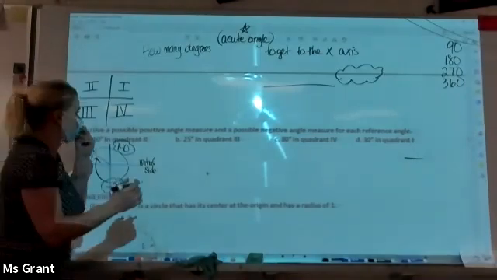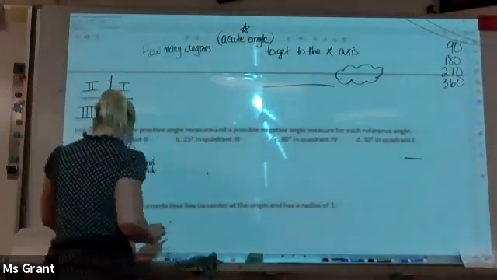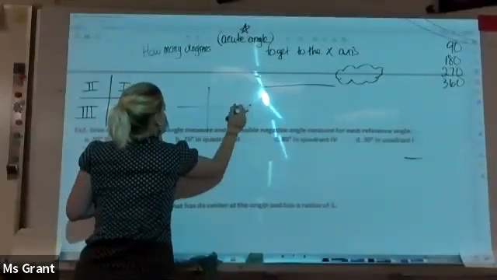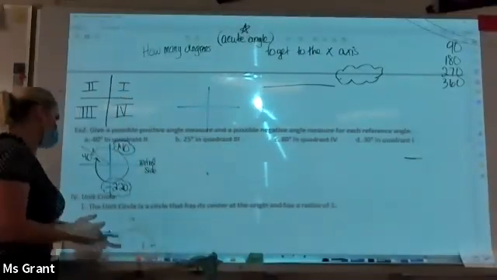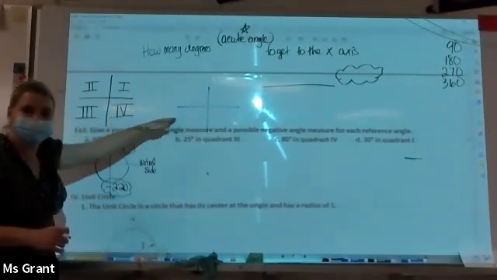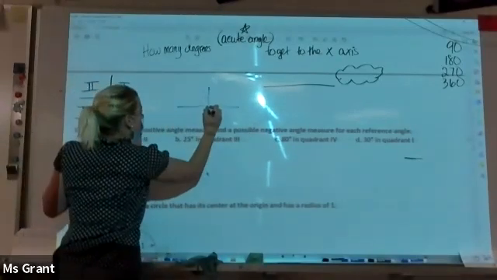Okay. In quadrant 2, blue; quadrant 3, 25. Off of my x-axis, go down a little, just tiny, 25 degrees.